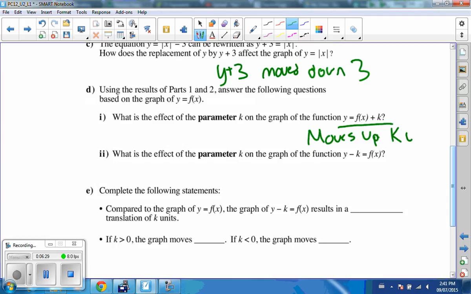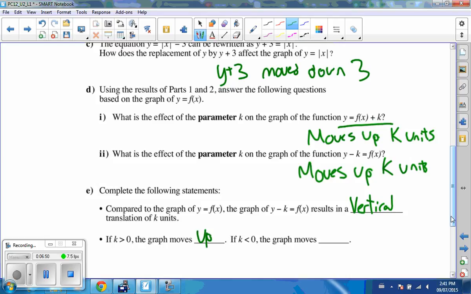So based on this graph, if we have it like this, this moves it up k units. And similarly, this moves up k units. So we call this a vertical translation of k units. And if k is positive, the graph moves up. If k is negative, the graph moves down.